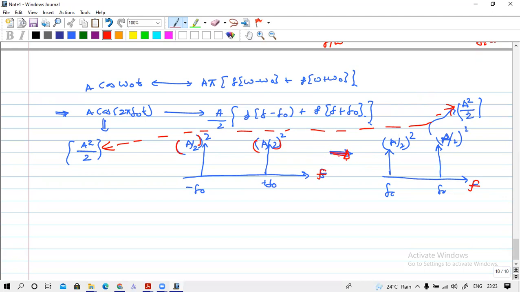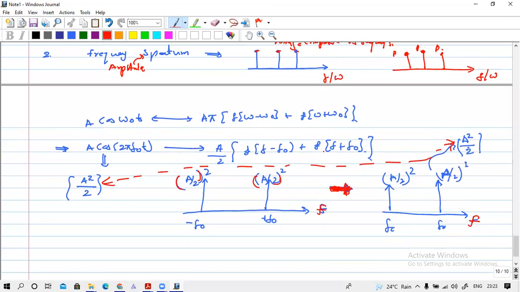In many cases we have to find the power spectrum for sinusoidal and sometimes complex exponential terms, so if you have the idea, you can directly apply it. But this method we can't apply for all signals, only for sinusoidal and some signals. So that is how to draw the power spectrum.